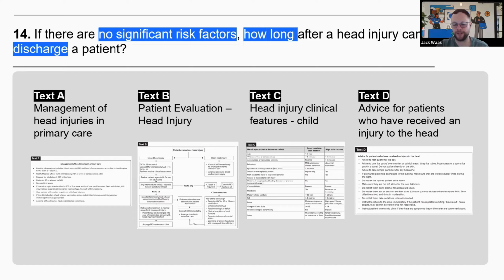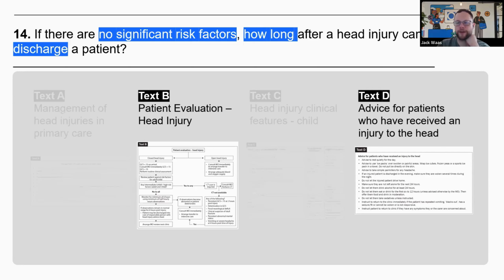A, B, C, or D? I would expect the answer to be in either B or D.